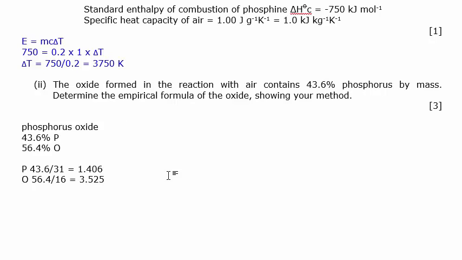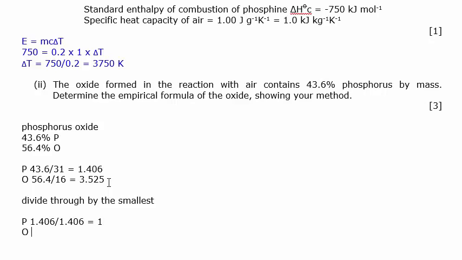Well, that's horrible. Look at those two numbers. We can't do anything with these, can we? Yes. What we can do now is divide both by the smallest. For phosphorus, it's 1.406 over 1.406, and that equals 1, clearly, because it's the smallest.